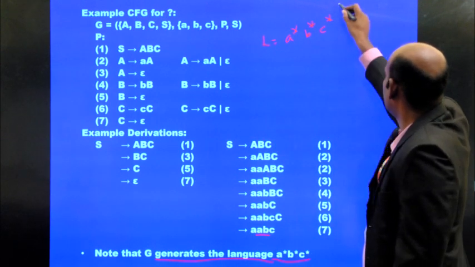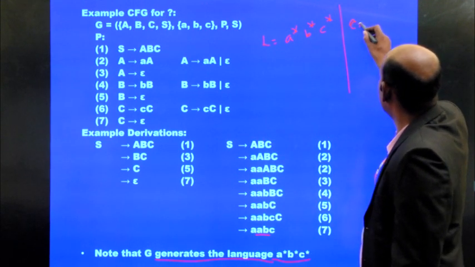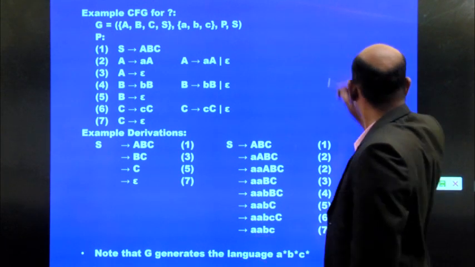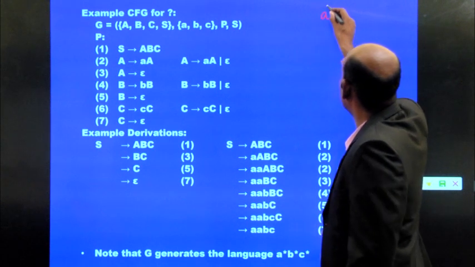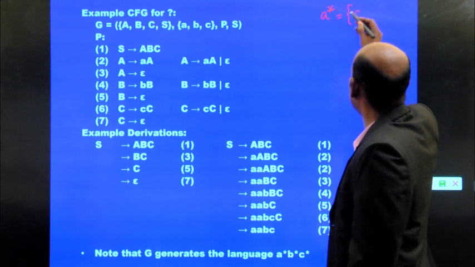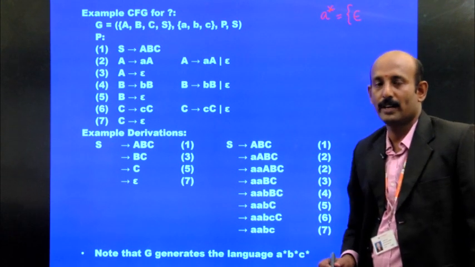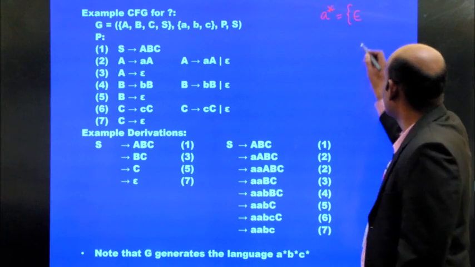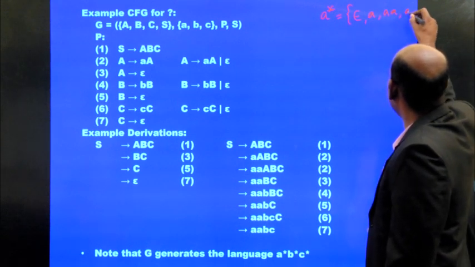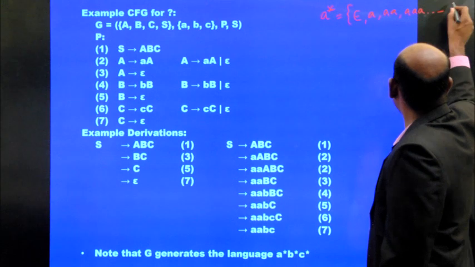For example, A star means epsilon, or zero or more occurrences of A. So it may generate 1 A, 2 A, 3 A and so on.